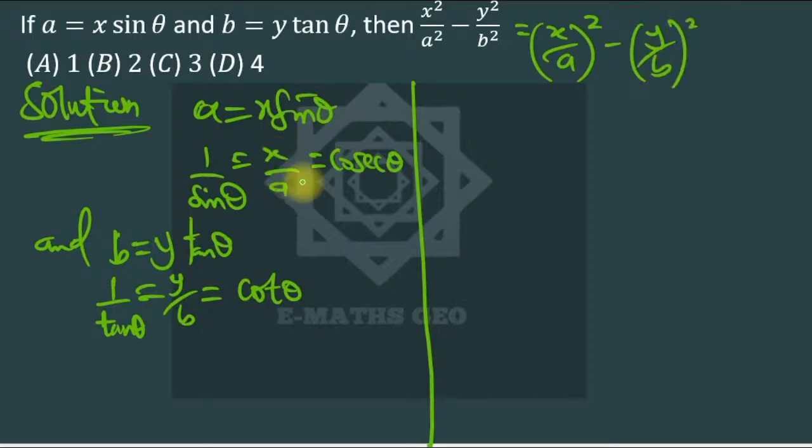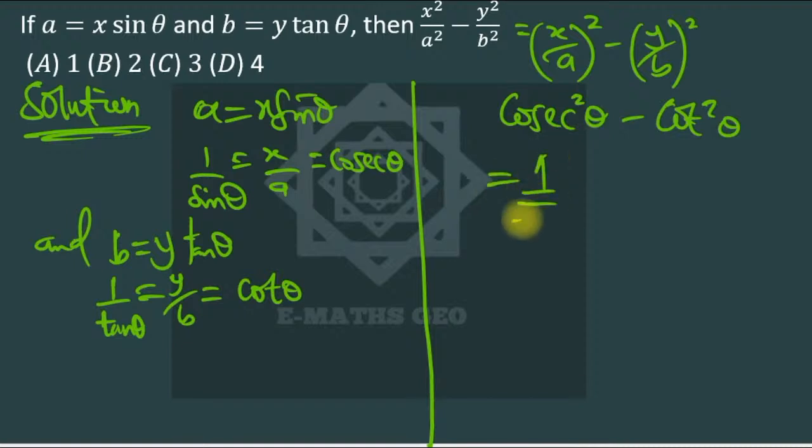I've known that x over a is cosec, so I have cosec squared theta, minus y over b is cot theta, so I have cot squared theta. And from our Pythagorean identity, cosec squared minus cot squared is 1. Yes, we have three Pythagorean identities.